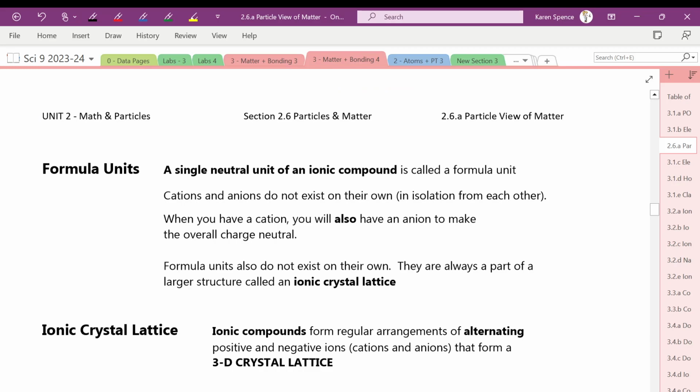Okay. Formula units. Where do we find formula units? What kind of substances are formula units? They are ionic compounds.